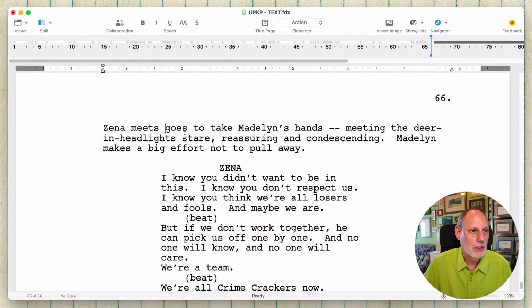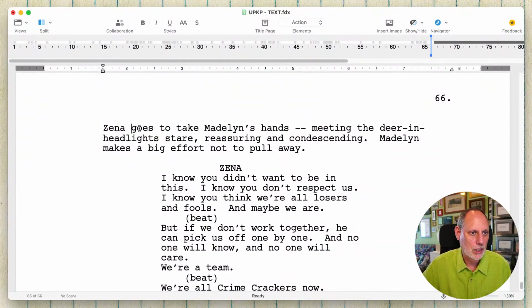Meets Madeline's. Goes to take Madeline's hands. But I don't like putting these two long words at the end of the sentence.